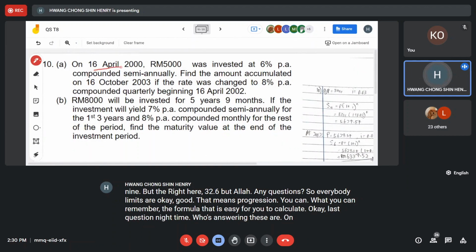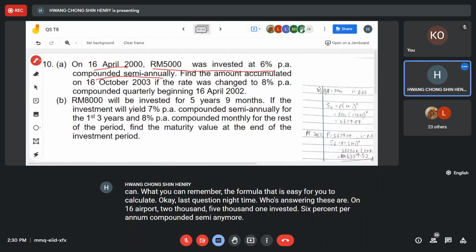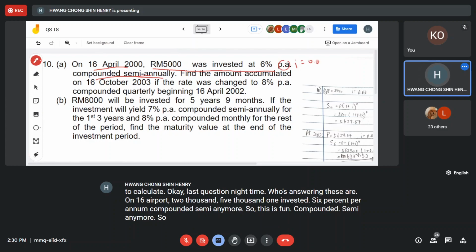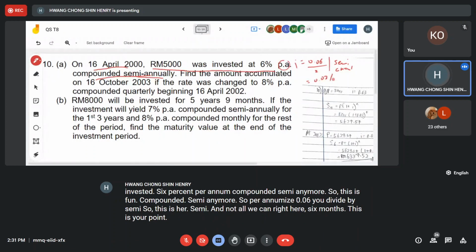On 16 April 2000, 5,000 was invested at 6% per annum, compounded semi-annually. So this is compounded semi-annually. So per annum 0.06, you divide by 2. This is per semi-annual, or we can write here 6 months. This is 0.03 per semi-annual.